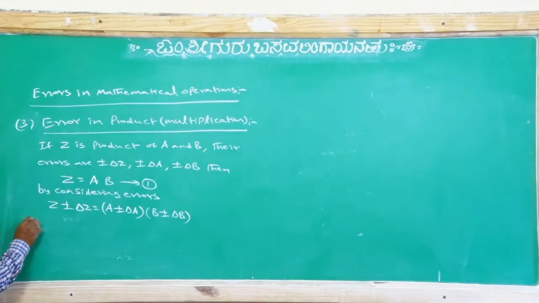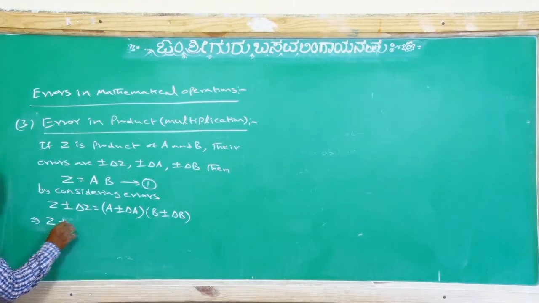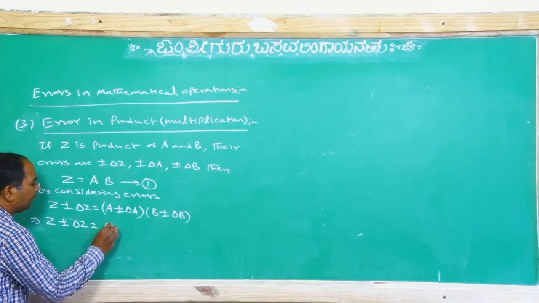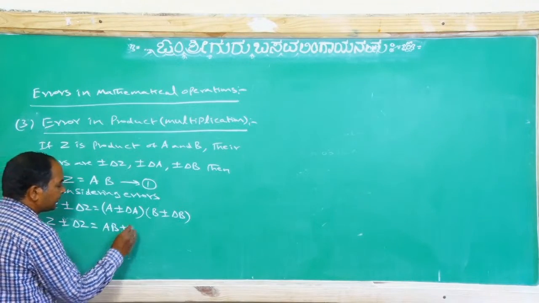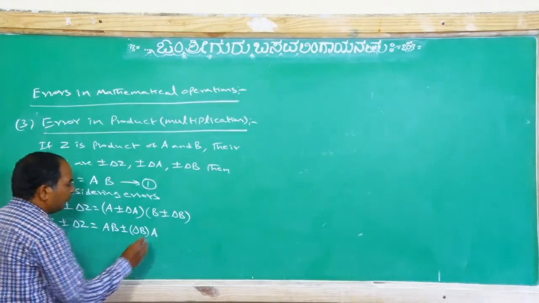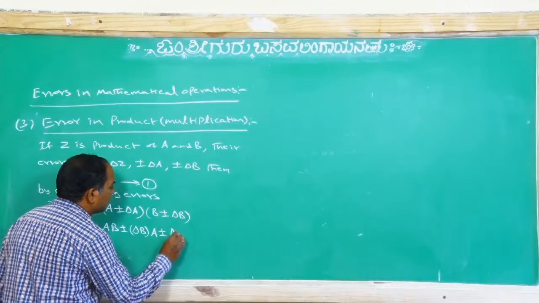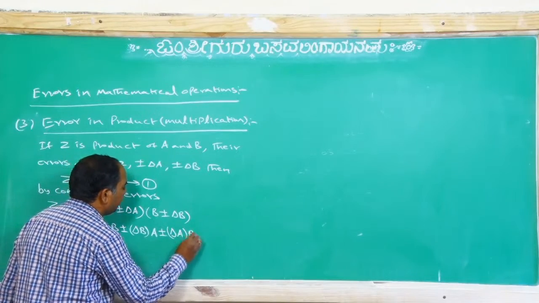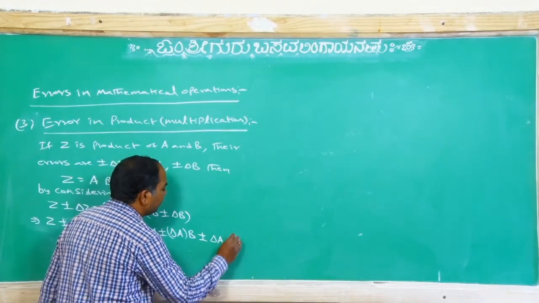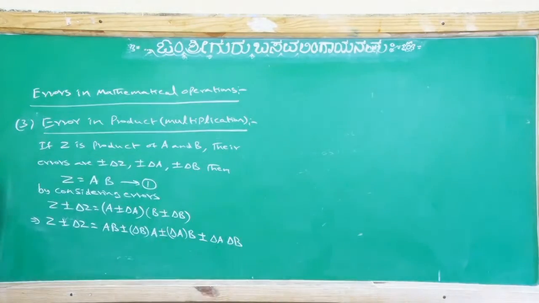Now, by simplifying, Z plus or minus delta Z is equal to A into B plus or minus delta B into A plus or minus delta A into B plus or minus delta A into delta B. You may write like this.